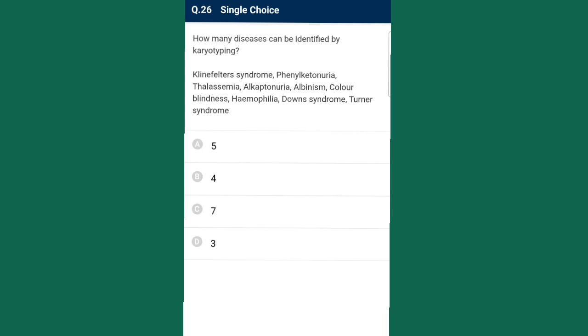Chromosomal disorders can be identified by karyotype, but gene disorders cannot. Klinefelter syndrome, Down syndrome and Turner syndrome are chromosomal disorders. The rest are gene disorders. So the answer for this question is option D. There are 3 diseases that can be identified through karyotyping.